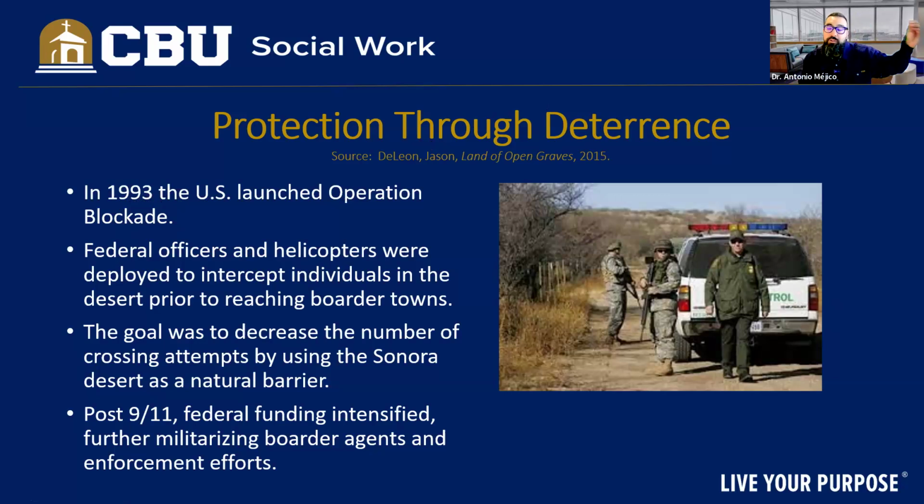So now we weren't just sending trucks out into the desert. We're also launching increased numbers of federal officers, helicopters, and other equipment. And the goal of the US government was to decrease the number of crossing attempts by using the Sonora Desert as its natural border. So the US government noticed, they said, hey, we've got the border towns, but the desert is pretty unrelenting as well. And if we're able to apprehend individuals in the desert, then what we can do is use the desert as its own natural barrier to try to deter individuals from crossing the border because of its harsh conditions.